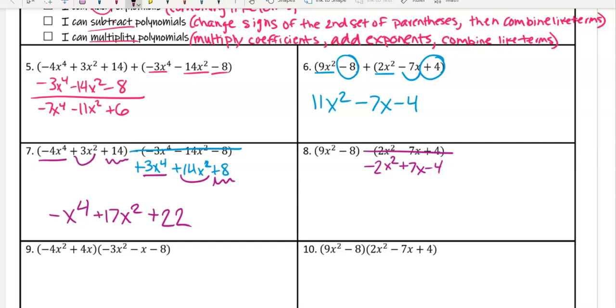And we combine. I have 9x squared minus 2x squared. That leaves us with 7x squared. I have a 7x that doesn't match with another x in the first set of parentheses, so it just hangs out with us here. Then we have negative 8 minus 4 gives us negative 12.